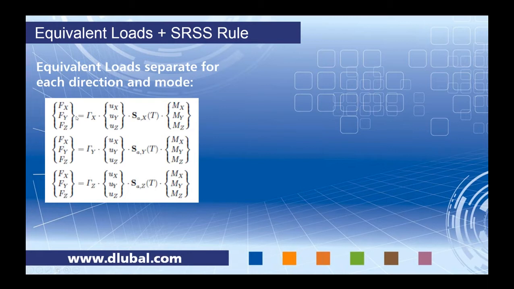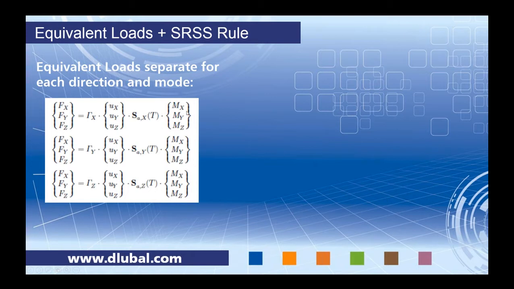So this would be excitation in the X, the Y, and the Z. Then for each direction, we have a force in the X, the Y, the Z. We have our participation factor here. We have our mode shapes. Then we have the acceleration from the response spectra that we defined as a function of our period. And then we have our masses.